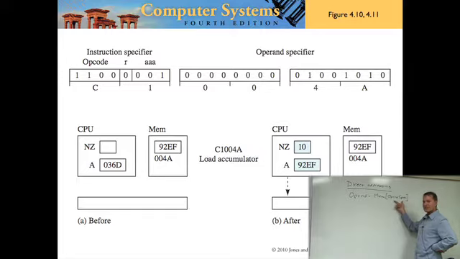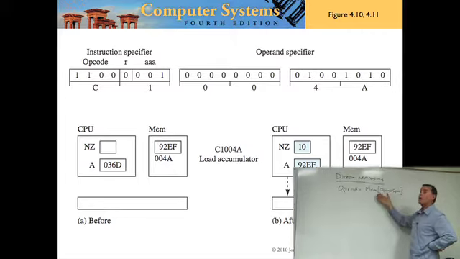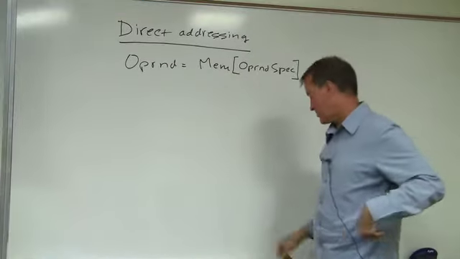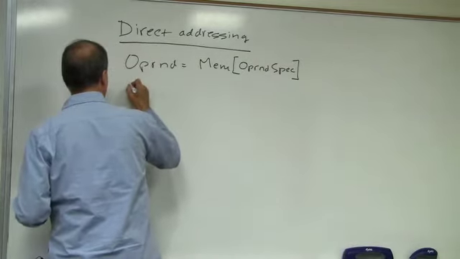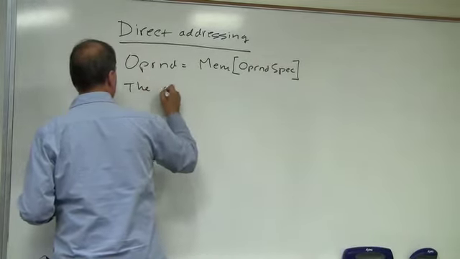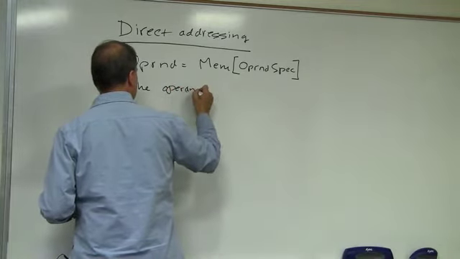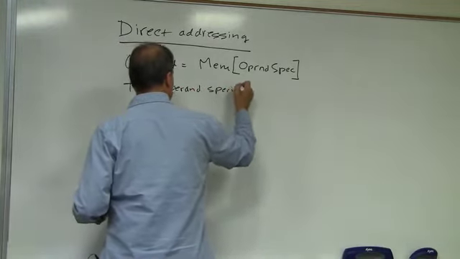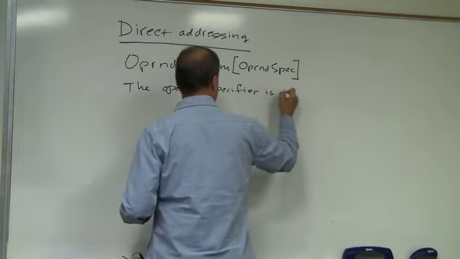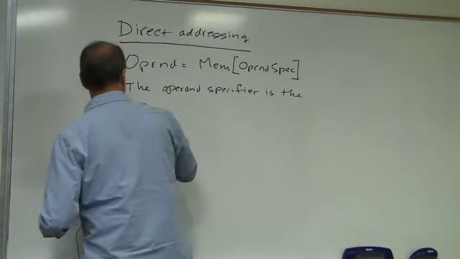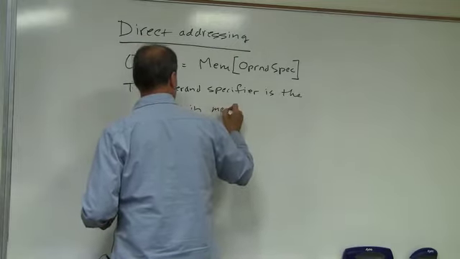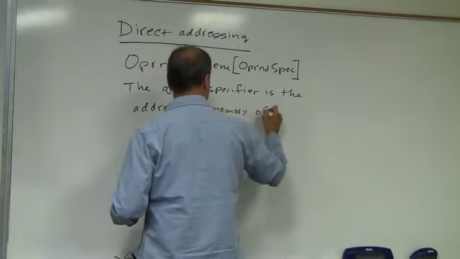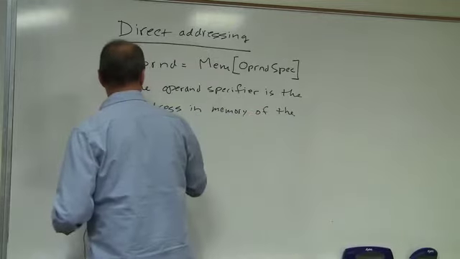How do you say this in English? The operand specifier is the address in memory of the operand.